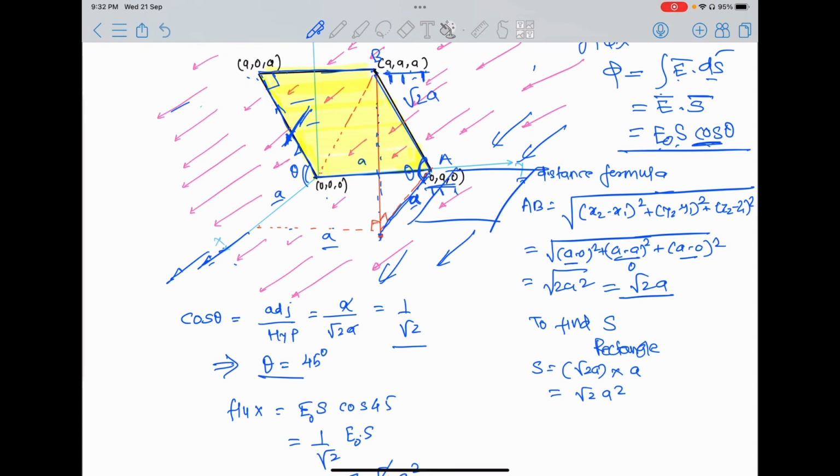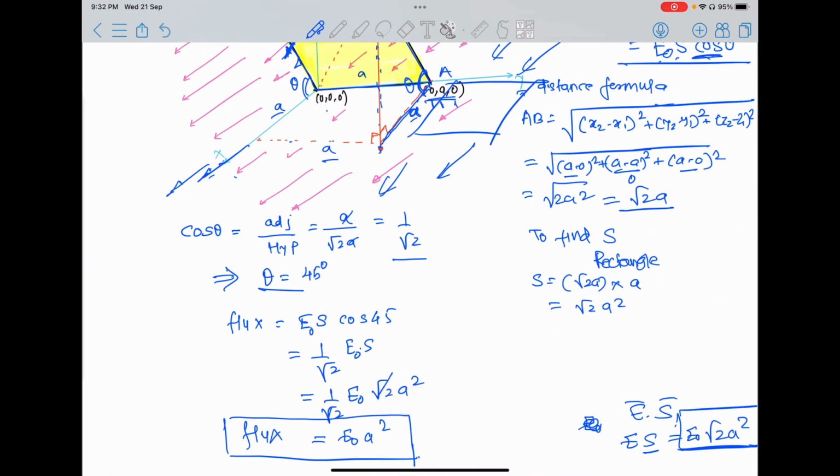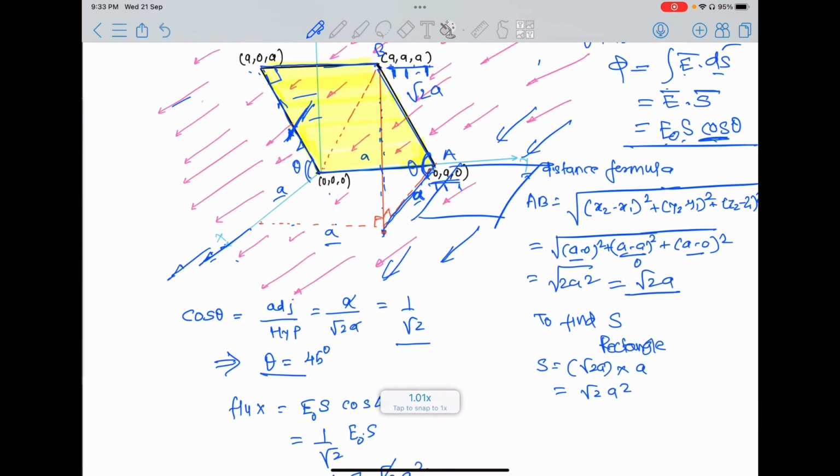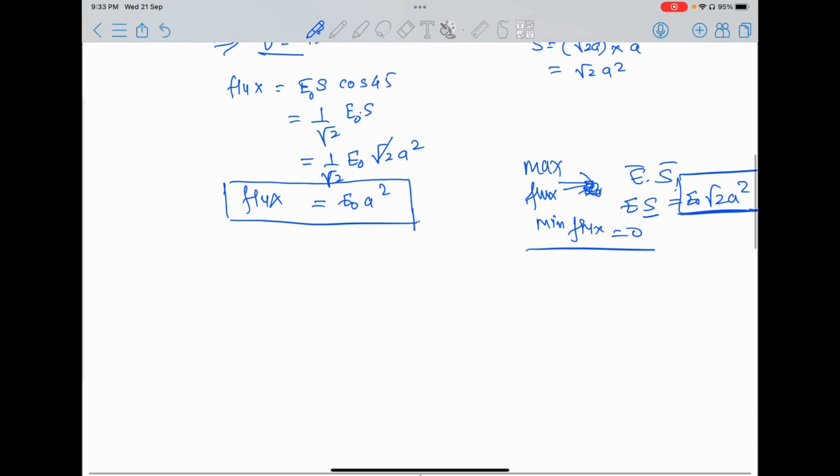Therefore, that cos theta will be 0, and that is the minimum amount of flux. So this is the maximum flux, and the minimum flux is 0. The minimum flux that could pass through is 0. And in our case, this theta was 45 degrees. Therefore, we obtained this flux.